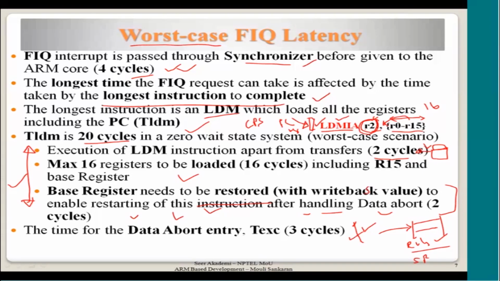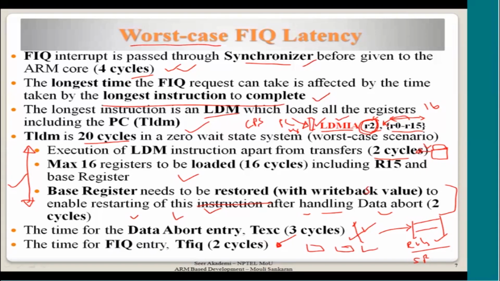So 3 cycles elapsed. Now after that it comes back to the FIQ handler, and then it will not execute immediately, right? 2 cycles, because of the pipeline delay. The first instruction of the FIQ handler will execute after 2 cycles of the pipeline delay. So that also has to be comprehended. Now add up everything. 2 plus 3, 5, 5 plus 20.